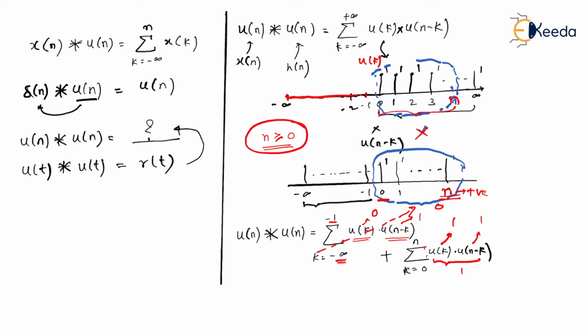I'll rewrite this: u of n convolved with u of n. If you remember, only one summation was left, that is k equal to 0 to n. We have only this because the value of u of k is 1 and the value of u of n minus k is always 1. But this is valid only when n is greater than or equal to 0.